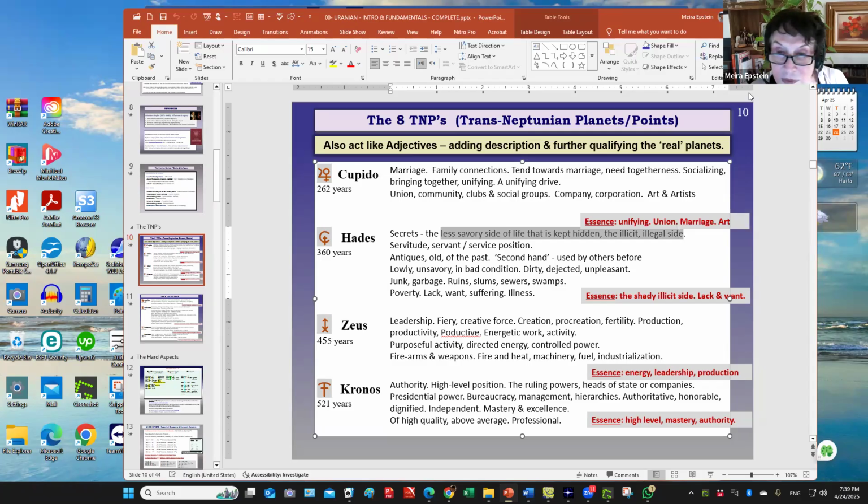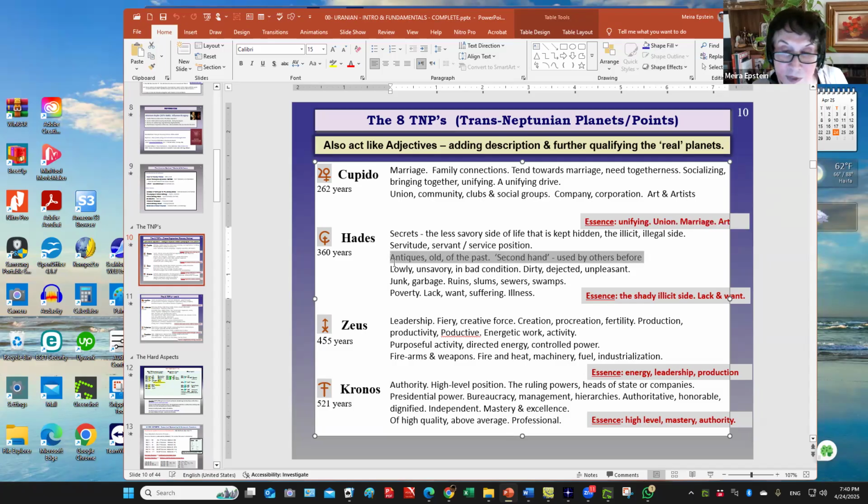Another layer is servitude or servant, service position. So the first words are kind of negative. It's not a wonderful thing to find in a life. But to be of service, that's not terribly negative. Next is another thing that's not negative, antiques, old, of the past. I call it secondhand, used by others before.